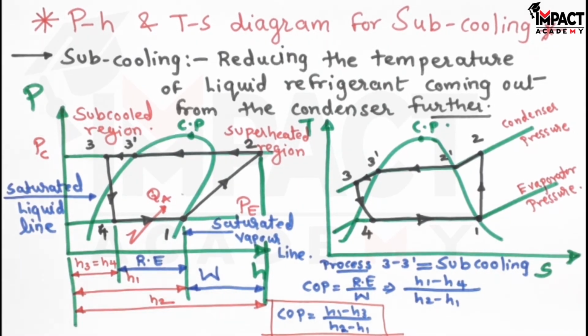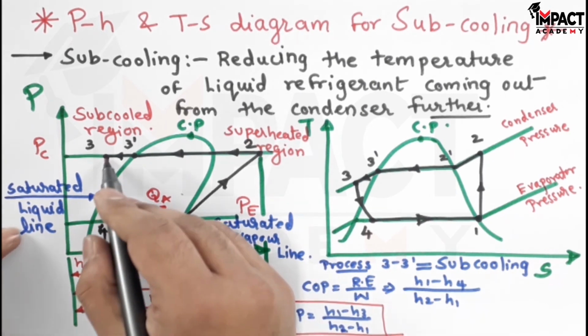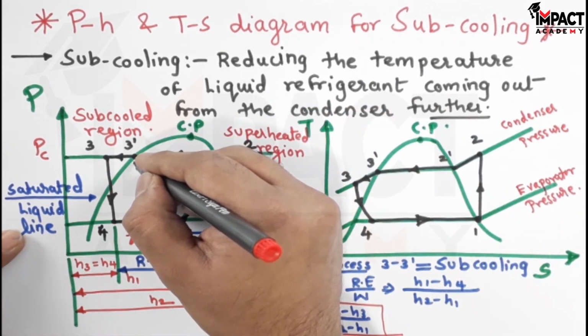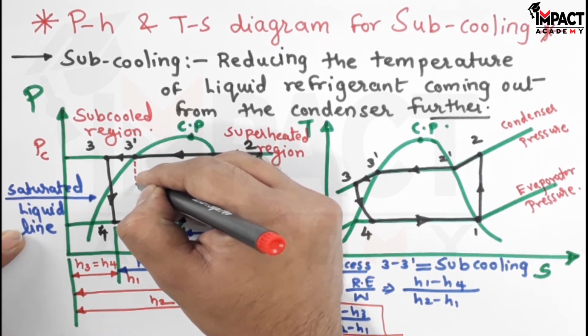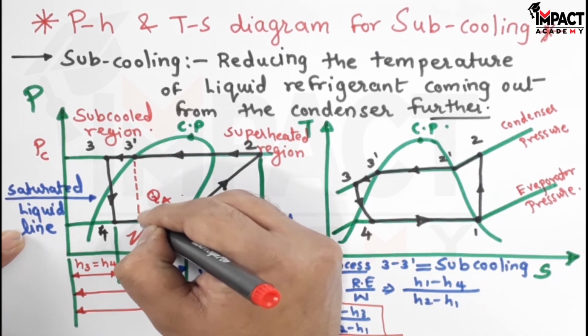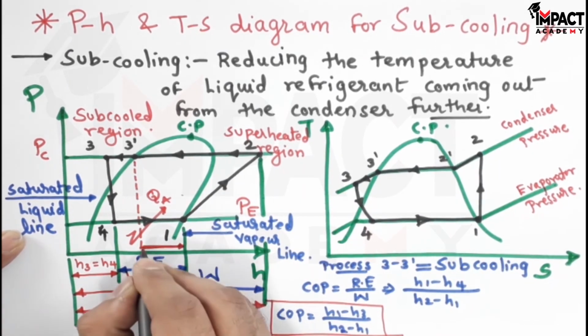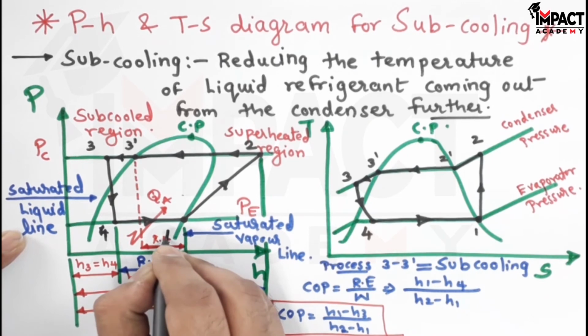And here I can just explain the benefit of subcooling. If the subcooling was not there, suppose at point 3 dash only, that is the liquid refrigerant would have reached only up to 3 dash, then this refrigeration effect would have been quite less, as we can see here. It would have been a smaller value.